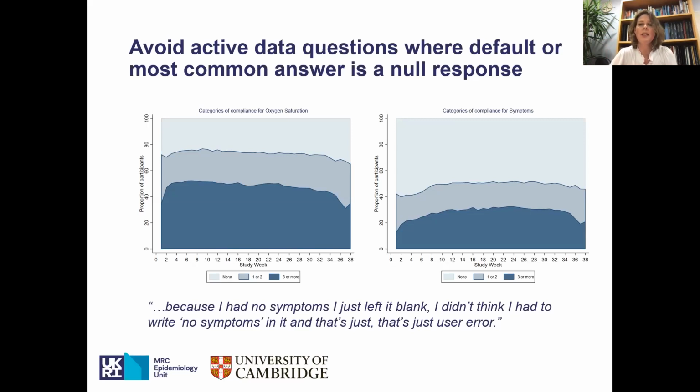And when we looked into this more with the qualitative work, it was clear that many users were reporting that, well, because I didn't have any symptoms, I just didn't enter anything. Though there was the option, as well as selecting the symptoms you had, to select no symptoms, and we had asked people to do that, it does show that if the most common answer is a no response, many people just choose not to engage with that question. So that was a definite learning for us.